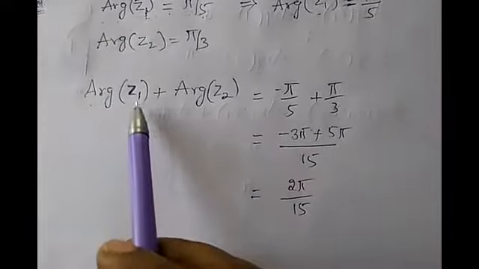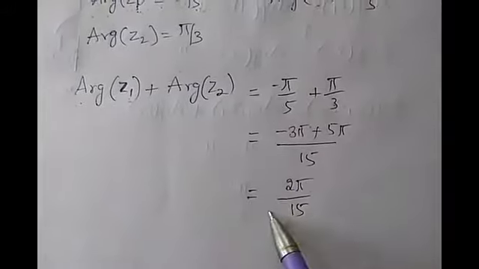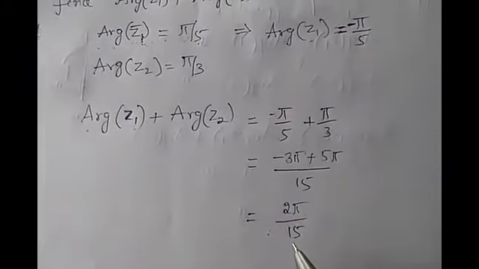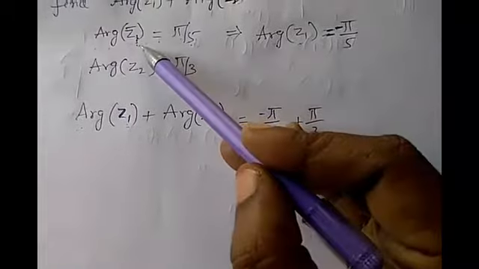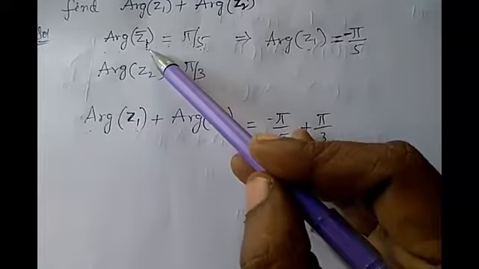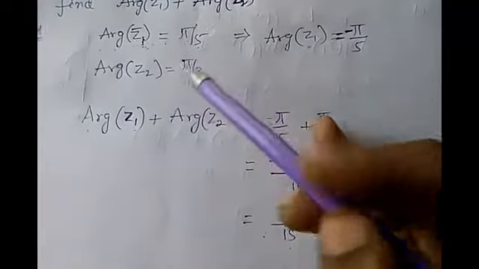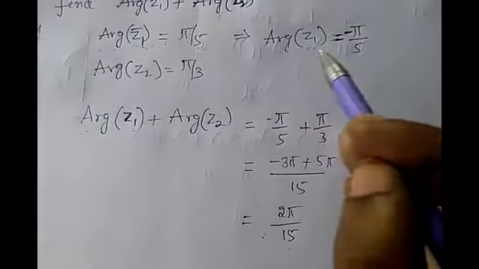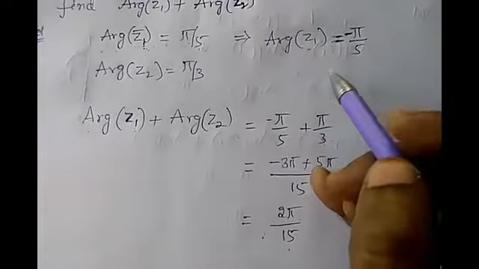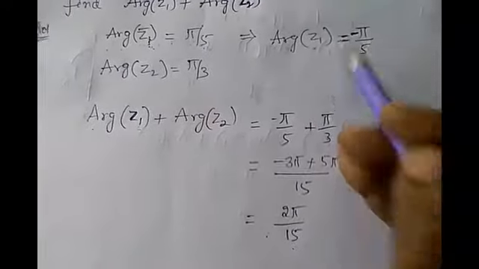Now argument of Z1 plus argument of Z2 equal to what? 2 pi by 15. Here we should remember Z1 and Z1 bar are the mirror images of each other. So the arguments of both are only different in sign. The angle is the same, but the sign is different.